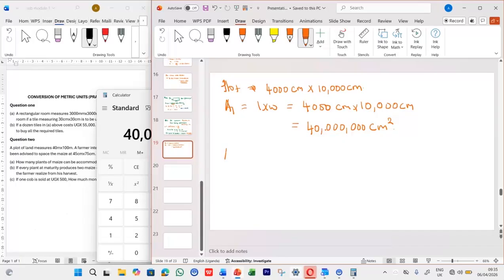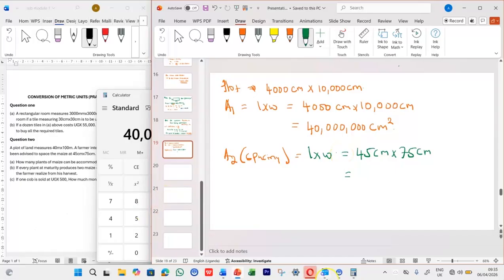Now area A2 is for the spacing. This one is already given in centimeters. It is 45 centimeters by 75 centimeters. Same story.